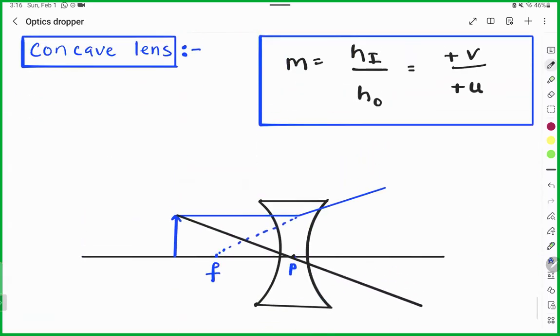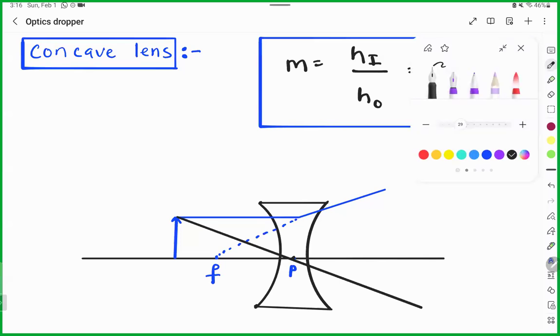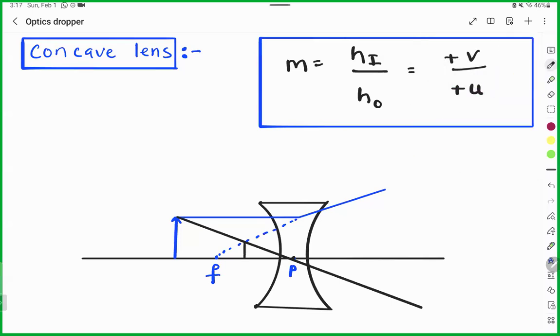But in case of a concave lens, for the bigger object, you get a small image. You still have a virtual image, but a smaller one. So in this case, height of the object is positive, height of the image is positive.